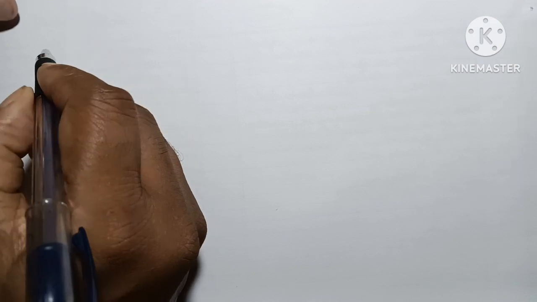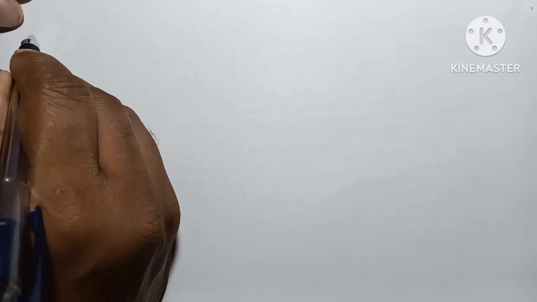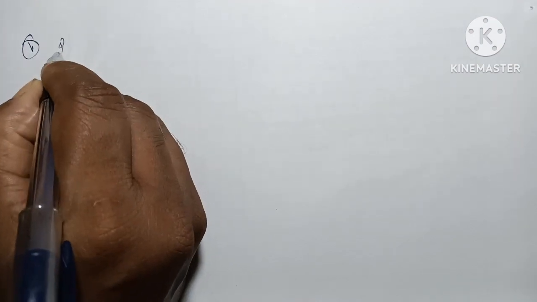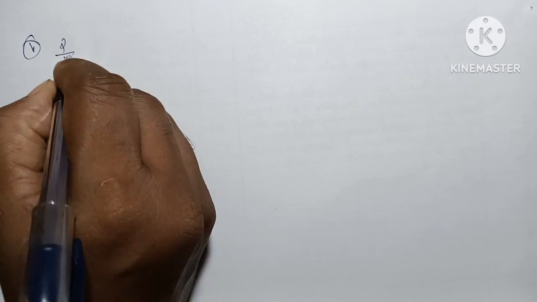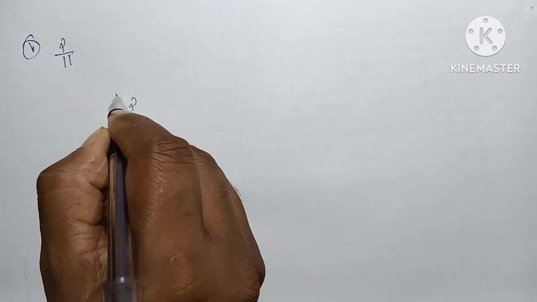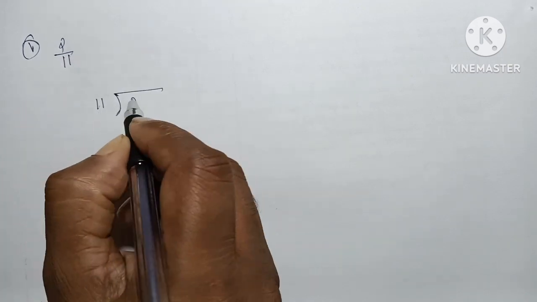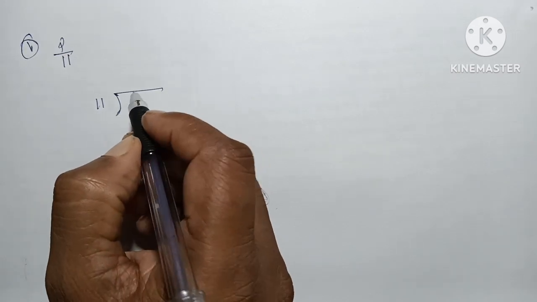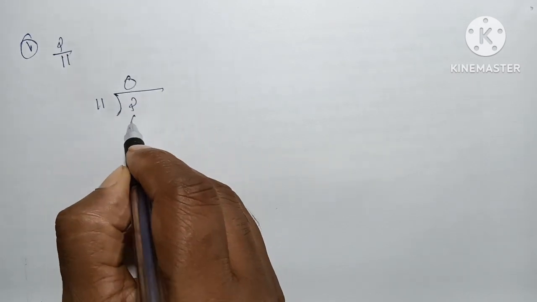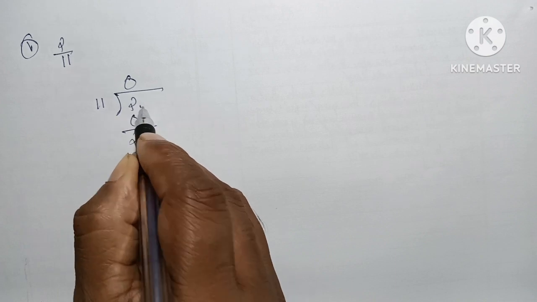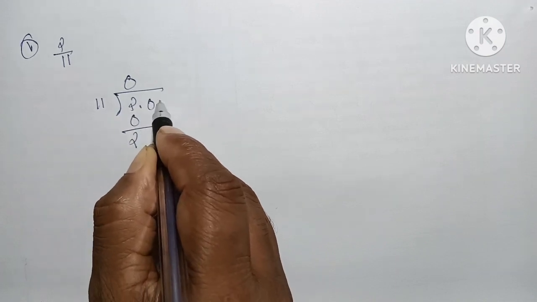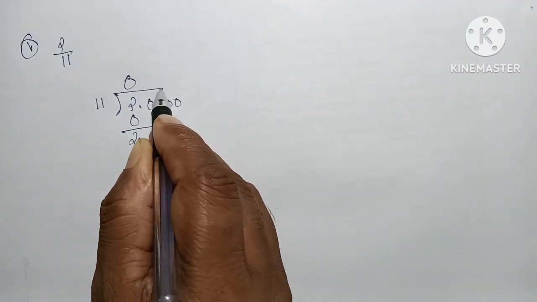Now come to the next, our question 5. 2 by 11. Now 2 and 11 are not divisible. First you give 0 times 0, then 2. Now 0.000 you give.